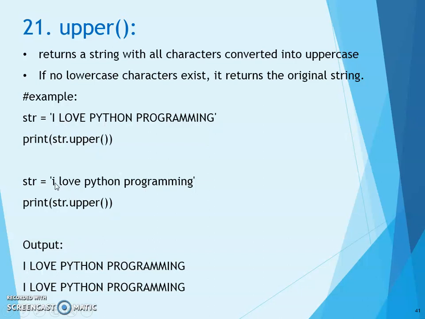Now, a new string is stored in str. All the characters are in lowercase and we invoke this upper method. Then it will print all the characters of that string in uppercase.